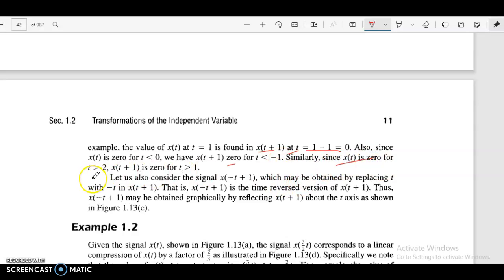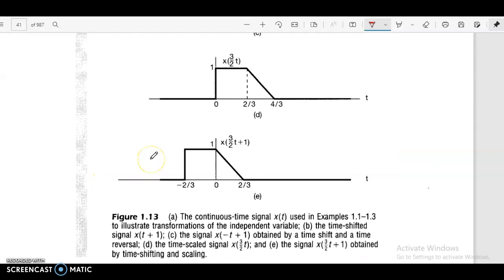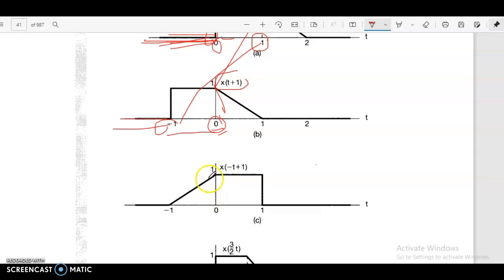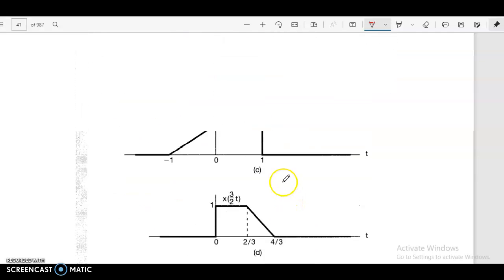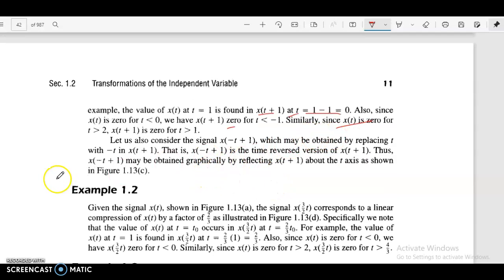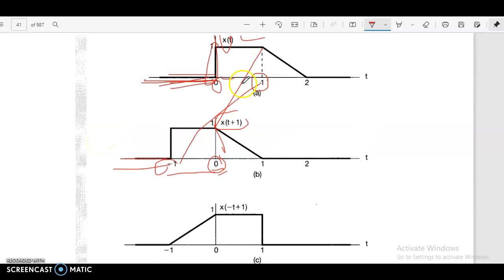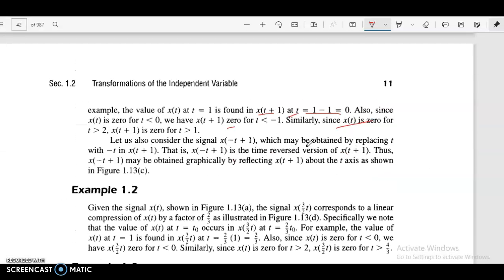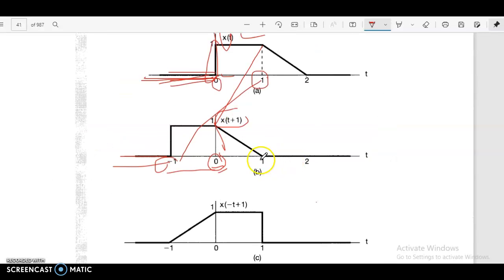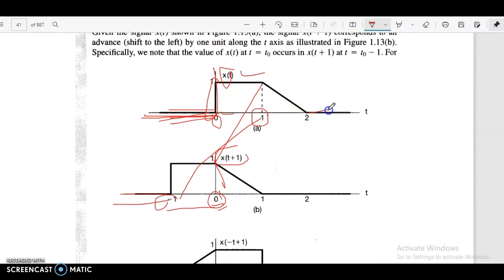Similarly, since x of t is 0 for t greater than 2, here it is full 0.